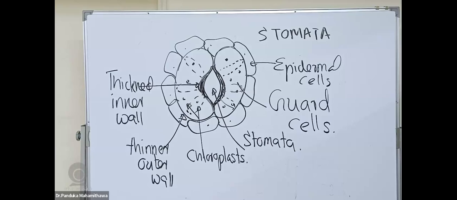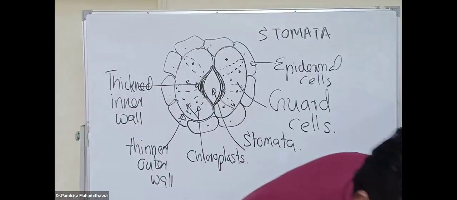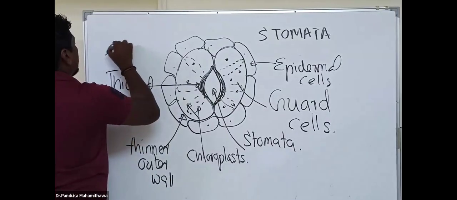Manudi has asked a question: are the epidermal cells arranged as a ring around the stomata? Yes. Now this is what we see in the horizontal view, not the cross section. Assume that this is the leaf.